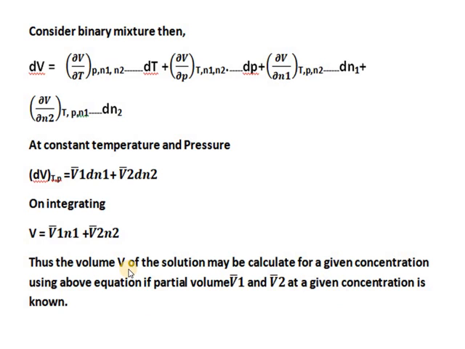So the total volume of that solution can be calculated using those equations. How will you calculate? By knowing the values of the partial molar volumes V1 bar and V2 bar at a constant temperature and pressure.